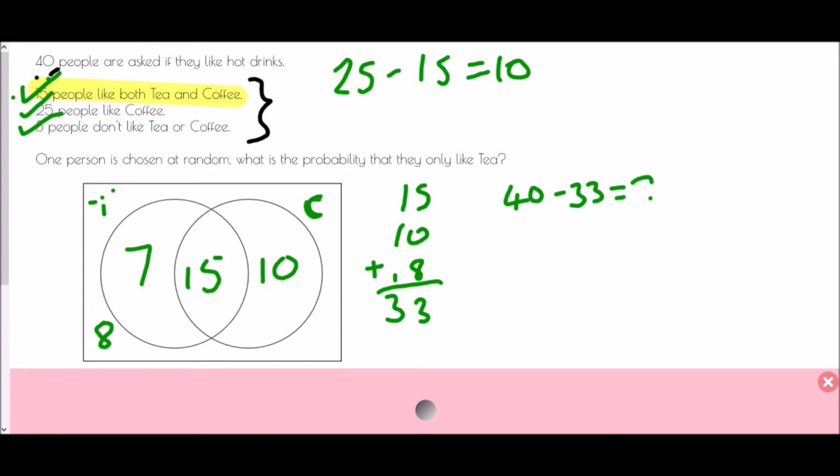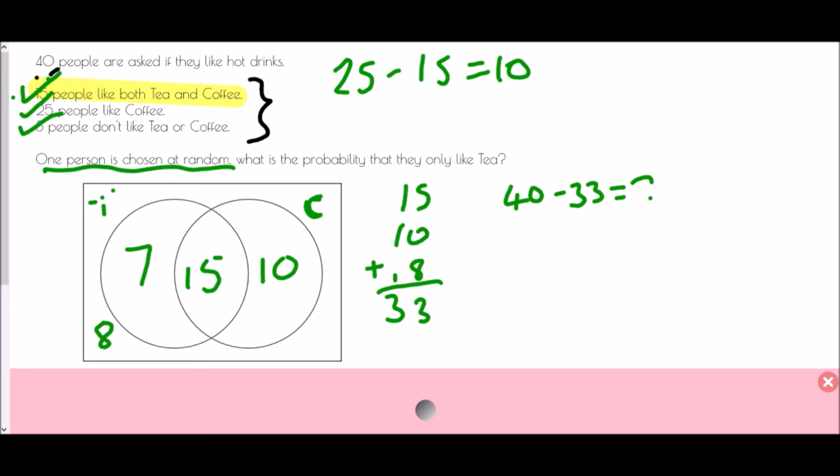Now the diagram is a good starting point, but the question was actually about a probability, so one person is chosen at random. Now, an important part here, because it is one person chosen at random, we've got no other information there, so we are dealing with the entire group, so all 40 people. And it is the probability that they only like tea, so it is actually that value we worked out at the very last point.